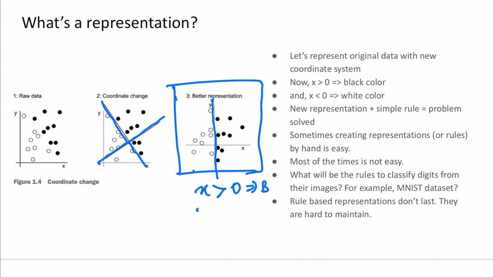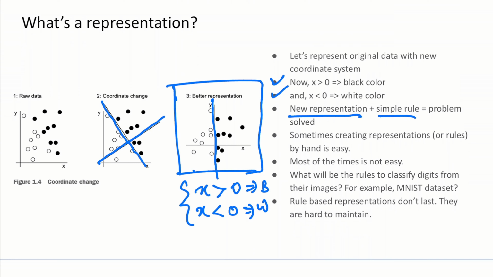And if the value of x is less than 0, then it's white. So to solve this problem, you have a new representation, which is the new coordinate system, and a simple rule, which is this one. Based on these two, you can solve the problem that you have.